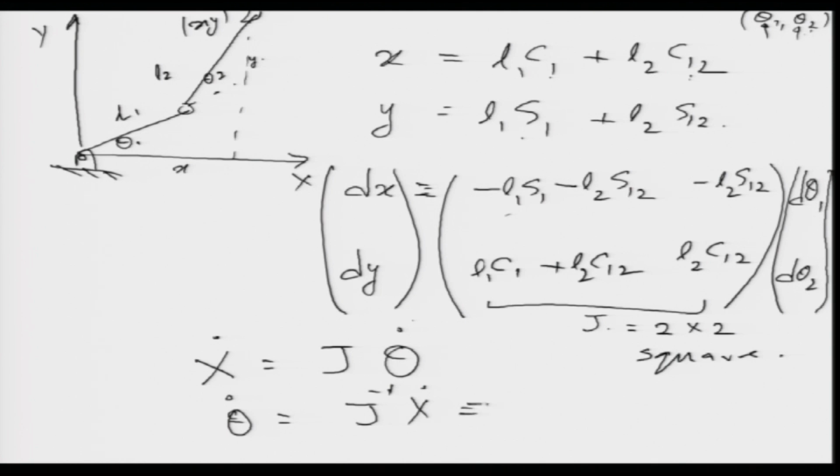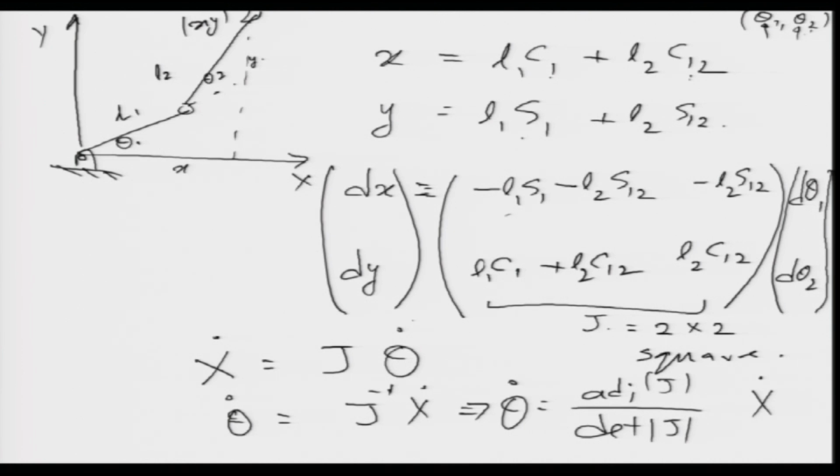Further, this becomes theta dot equals the adjoint of J divided by the determinant of J, times the end effector velocity x dot. So, to get a particular end effector velocity, we multiply it with the inverse of the Jacobian, and that gives us the joint velocities.